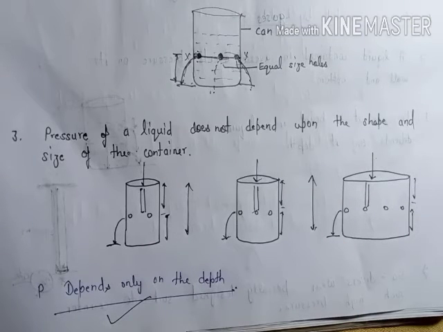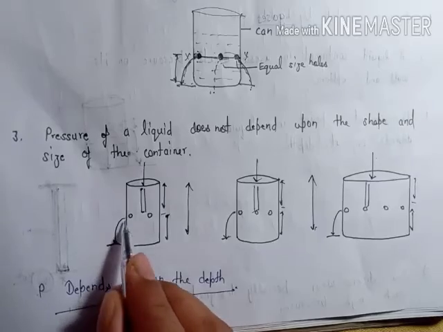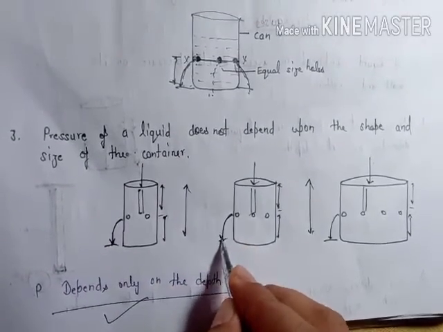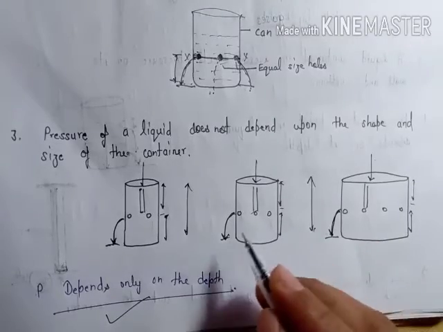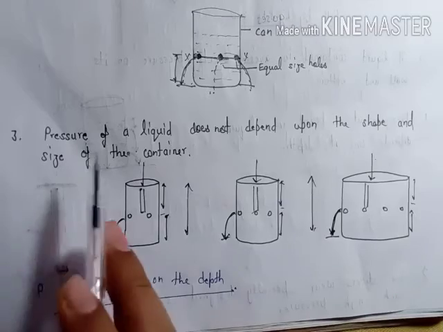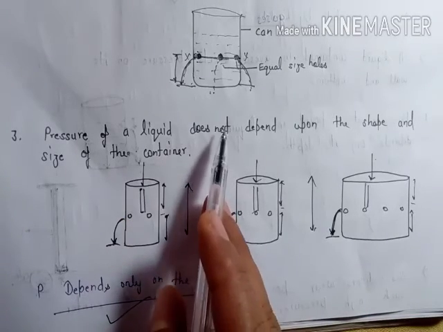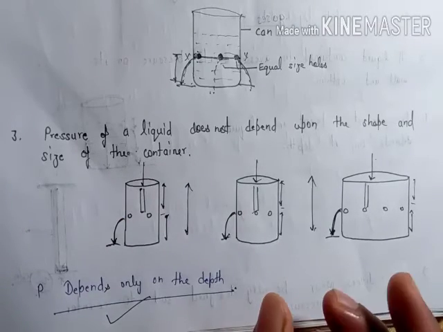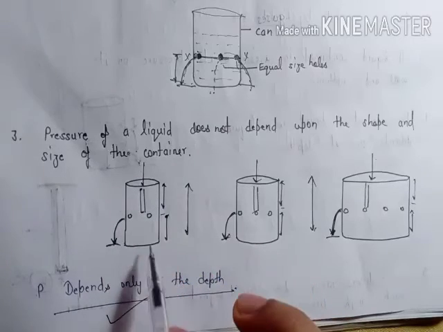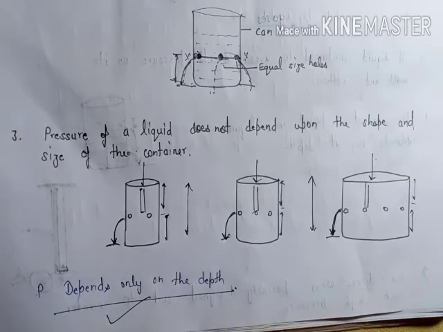So our observation again says that the distance covered by the flow of water is again equal, even though the quantity of water in these three vessels is different. So the pressure of a liquid doesn't depend upon the shape and size. It just depends upon the depth of the container, that is, the pressure being applied by the water column and air column.